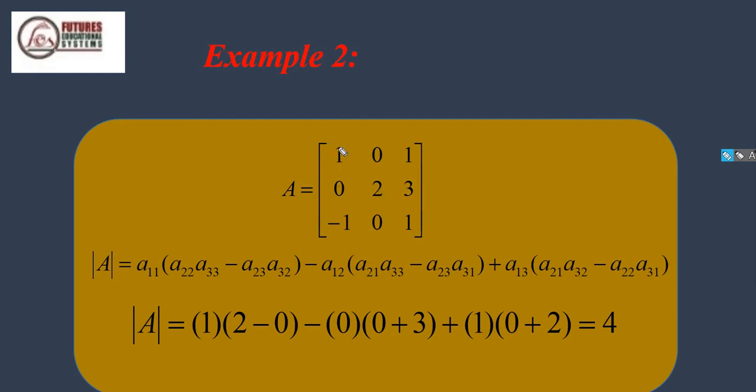By the way, we choose this A11, hide this row and this column.